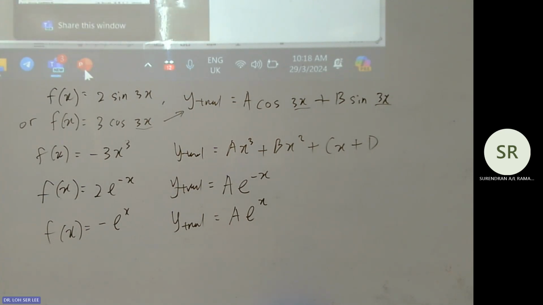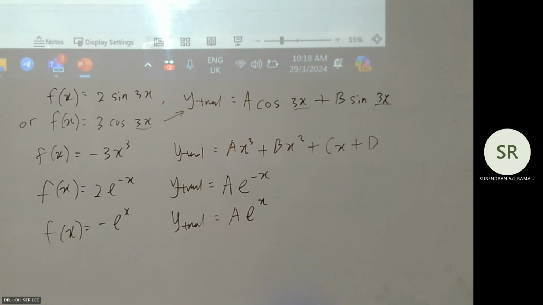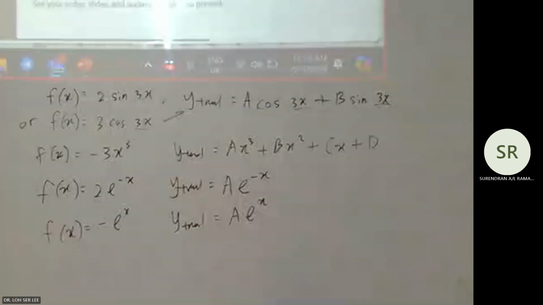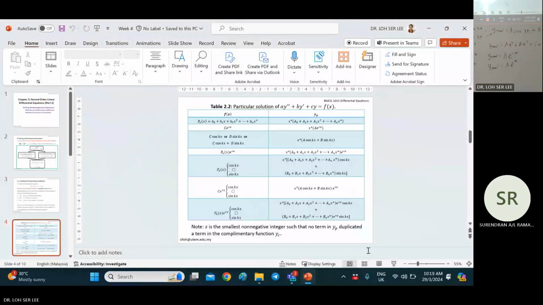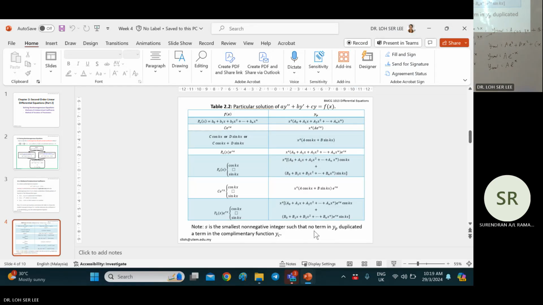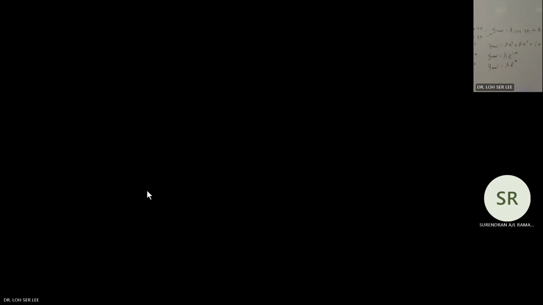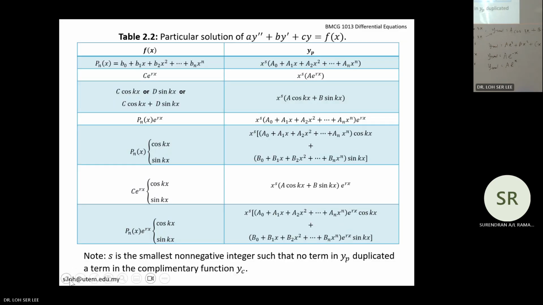So that's why when you look at the table 2.2, in this case your general form is this.